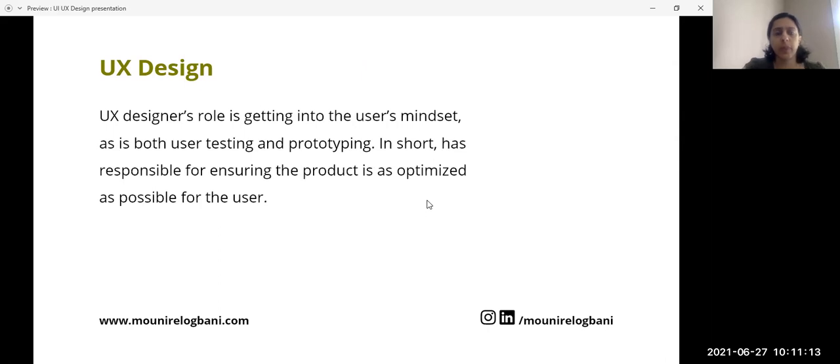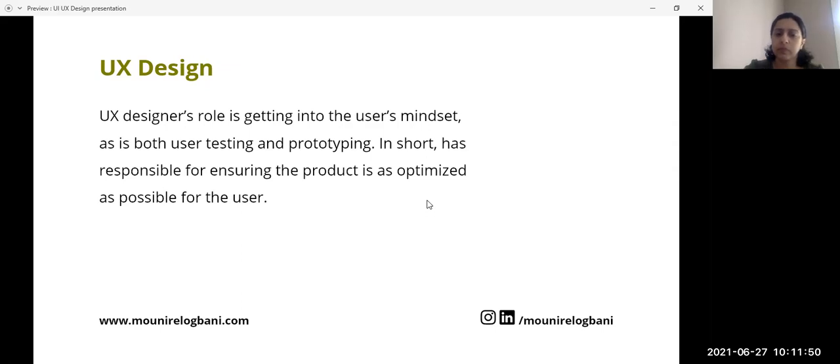The UX designer's role needs to be getting into the users' mindset, what pain points users really have, and how you do user testing and prototyping to make sure that you solve a problem for these users.